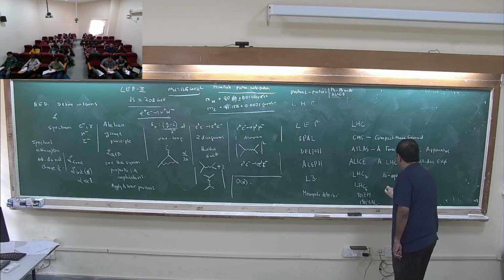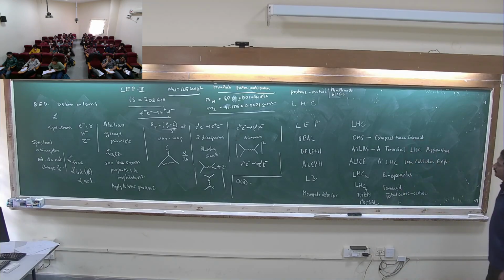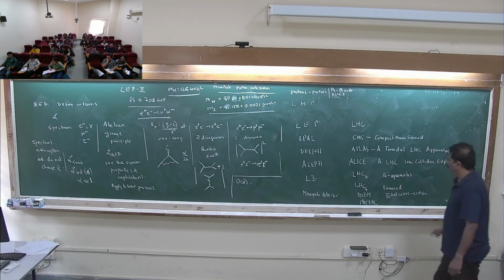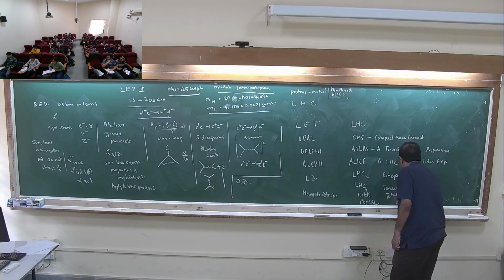And here the F stands for forward. Totem stands for total cross section, and it is used to calibrate the detectors. And this is again a monopole search.